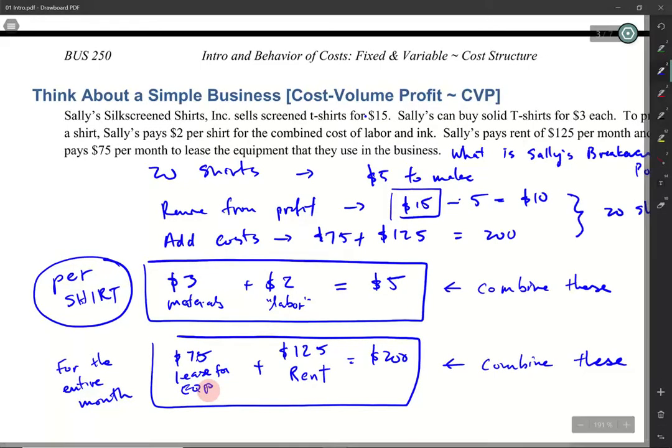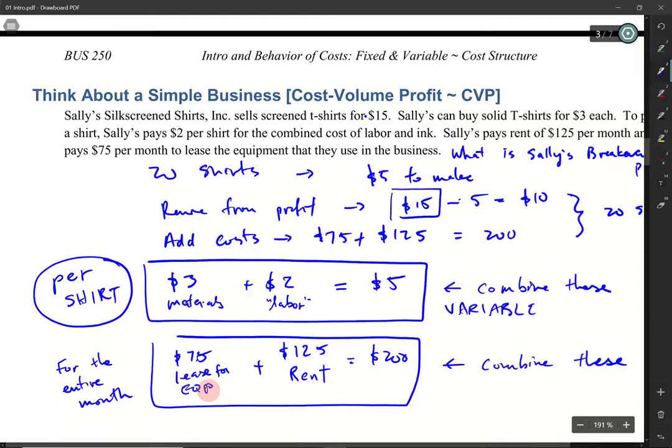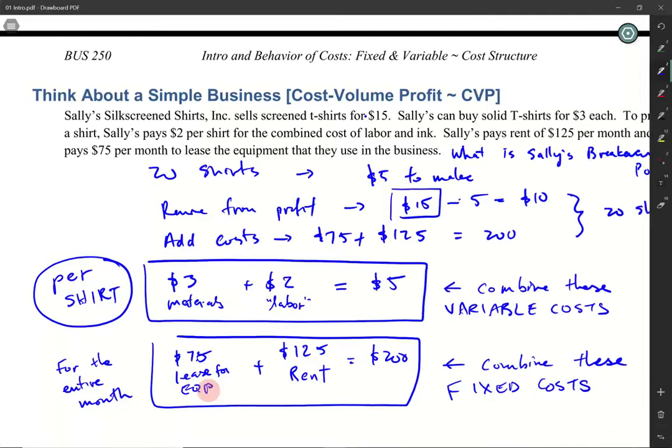Okay. These are called variable costs, and these are fixed costs. Okay, variable costs and fixed costs. How do you know which is a variable cost and which is a fixed cost? Okay. The fixed cost, so you have to cover rent in order to operate.